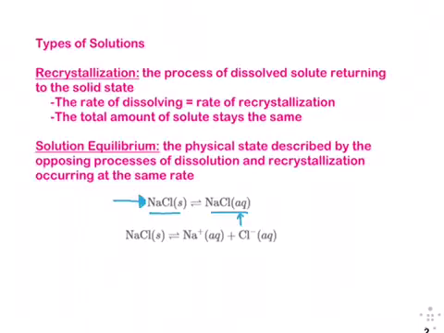Okay. Then we also know this equation to be true. We can take solid salt and place it in the solution, and it will break into the ions. What these equations have that is different is this double-headed arrow.